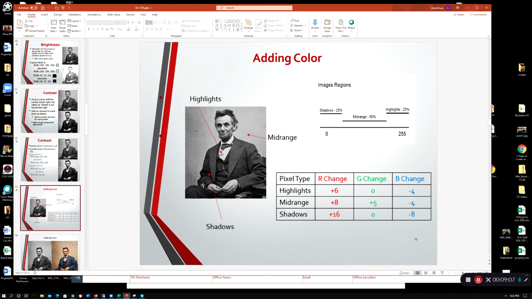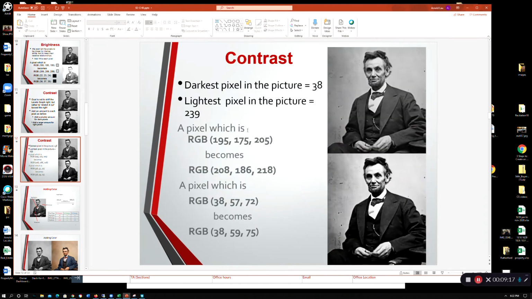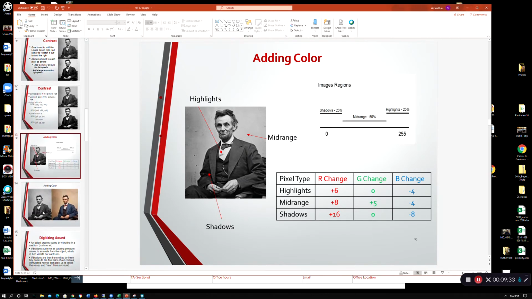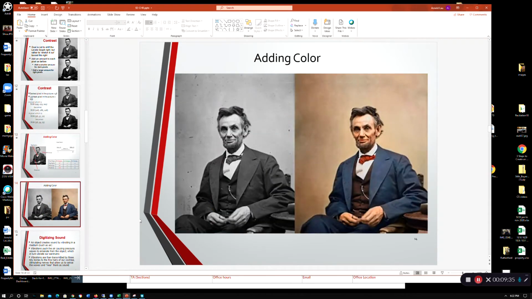So you remember we talked about this. In the shadows, the darker stuff, that'll be down here at the bottom. The middle stuff, something like this background here, and the lighter stuff would be like his shirt, okay? And then you apply some sort of formula or shift like this, +5, +8, minus, right? And you get that, okay?